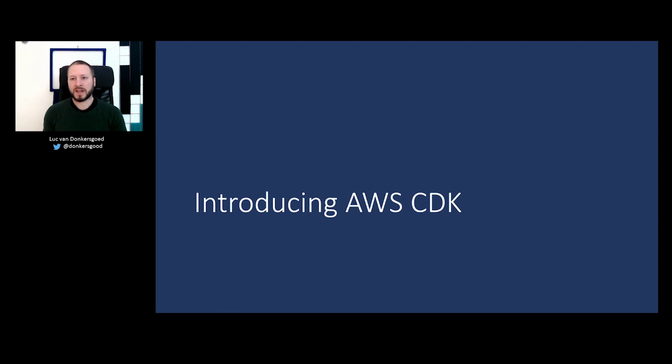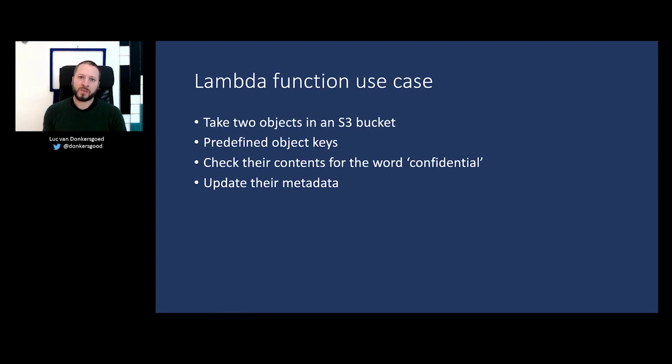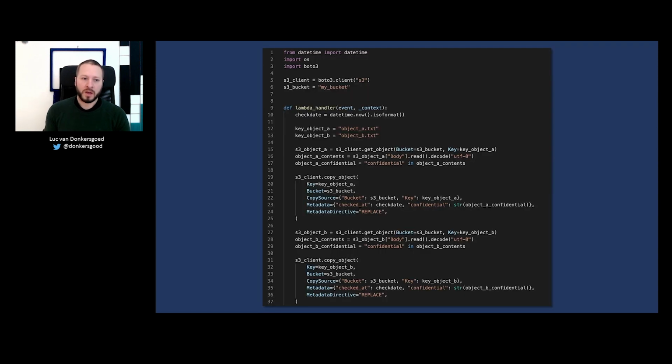So what we will be looking at is a Lambda function written in Python, which takes two objects in an S3 bucket, which have predefined object keys, and they check the contents of these objects for the word confidential. And if the word confidential is in there, they write some metadata back to S3. So in simple code, that might look like this.